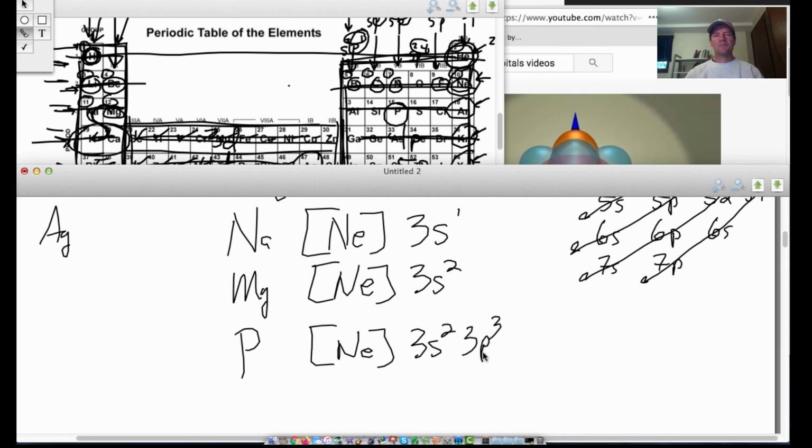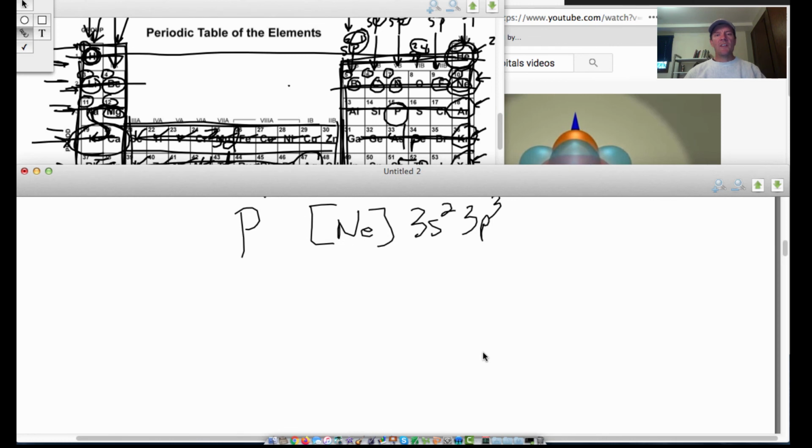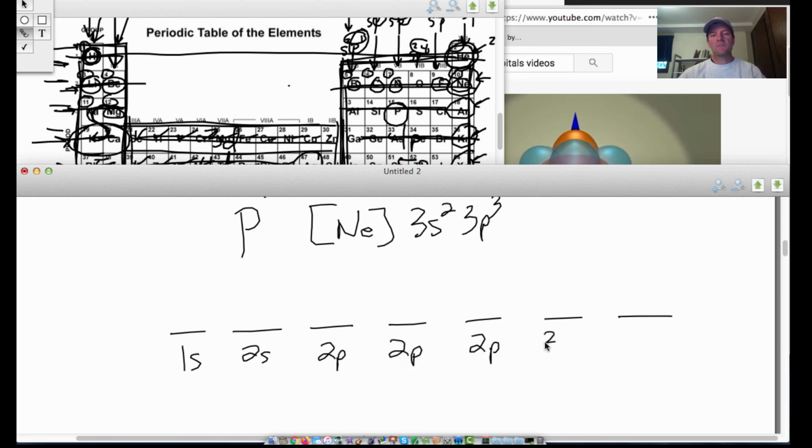There you go. One other way that I want you to be able to write these configurations is what's called the orbital notation. And that's basically putting a line or a box to actually represent the space where these orbitals are. And then I write the name of that orbital underneath it. And in this case, I am going to put the different p orbitals, 3 of them. Okay?